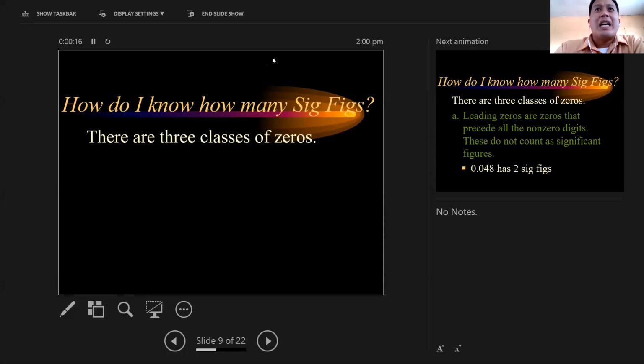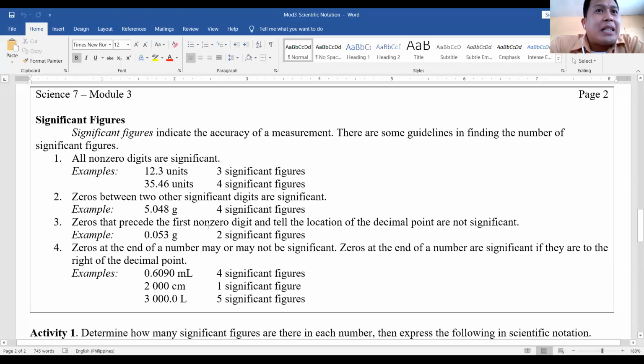Because according to the third and the fourth rule in the module, class, the third rule says the zeros that precede the first non-zero and tell the location only of the decimal point are not significant. So for example, this 0 here tells us the location of the decimal point, and then it is succeeded by another 0. The two zeros here in the example number 3 are insignificant, and only 5 and 3 are significant.